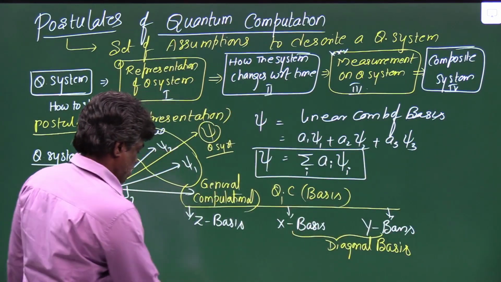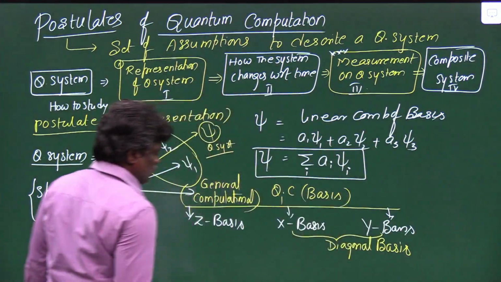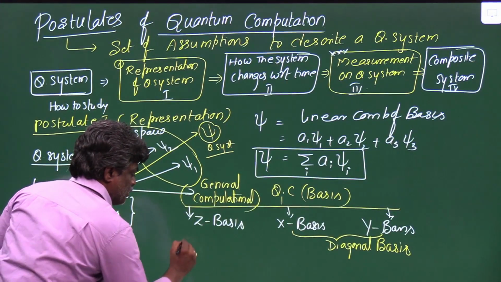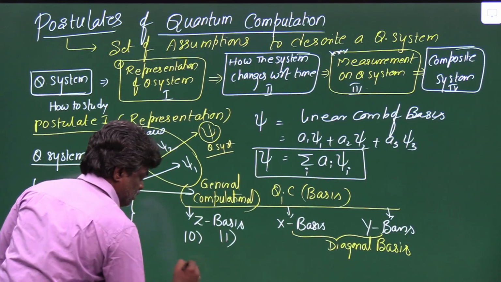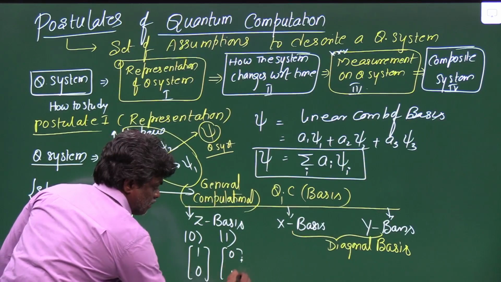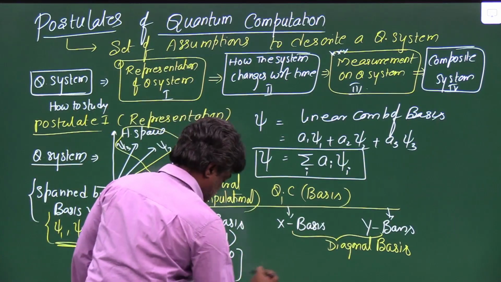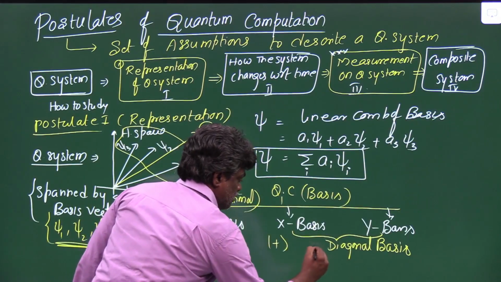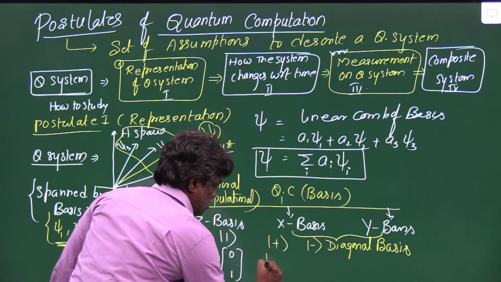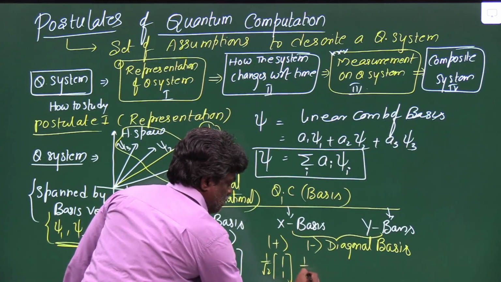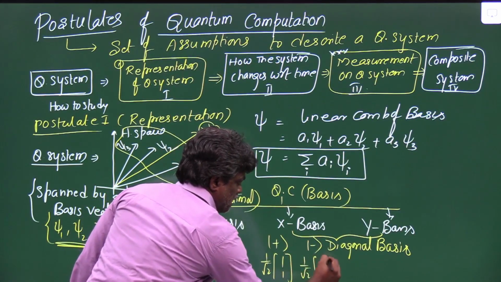So what are Z bases? This is 0 and 1, which are (1, 0) and (0, 1). Now what are X bases? X bases are plus and minus: 1 by root 2 times (1, 1), and 1 by root 2 times (1, minus 1).